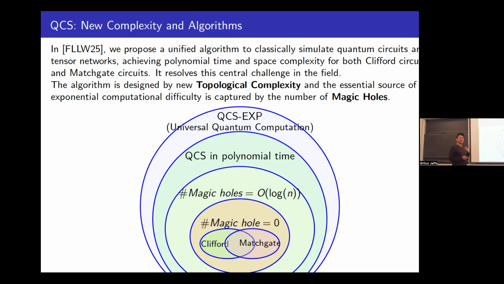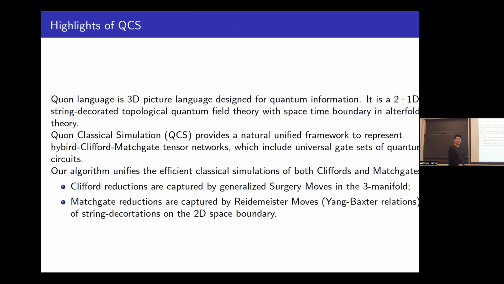And then you may wonder, okay, then what's the major difficulty in this computation if both Cliffords and match gates are easy? There must be something difficult when we mix them. So how do we understand this difficulty? Now we need to use this new idea in the topological quantum field theory, the 3-dimensional picture language. In particular, the QL language is a 2+1 topological quantum field theory.